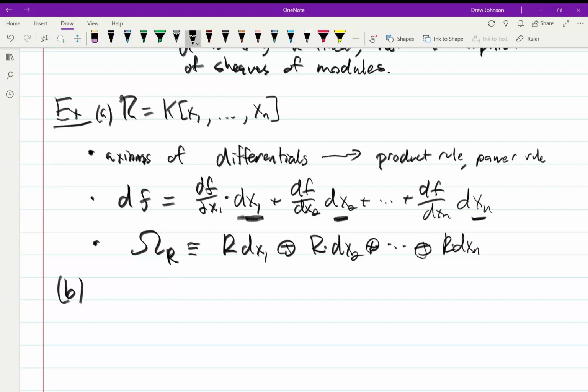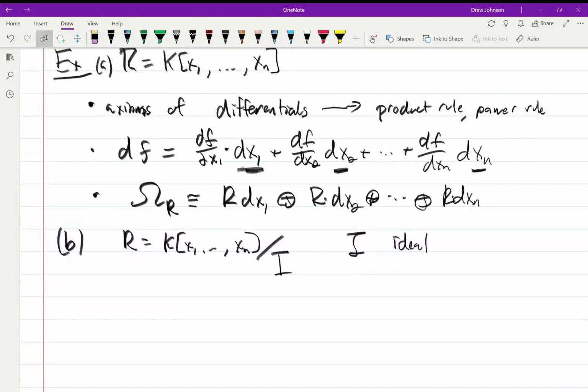For part B, let R now be the same polynomial ring, but we'll quotient out by an ideal. So I is an ideal.